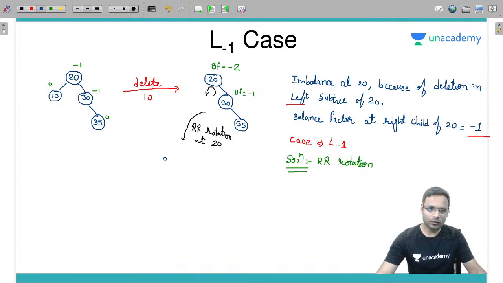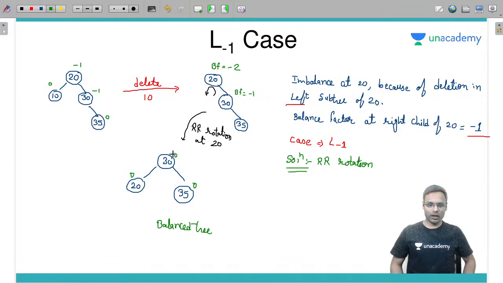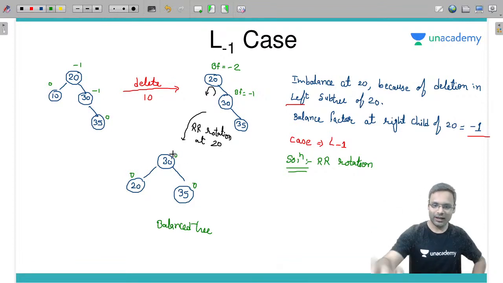So 30 will go on the top. Left side of 30 is 20 and right side of 30 is 35. Tree is of course balanced. Balance factor here 0, here 0, here 0.